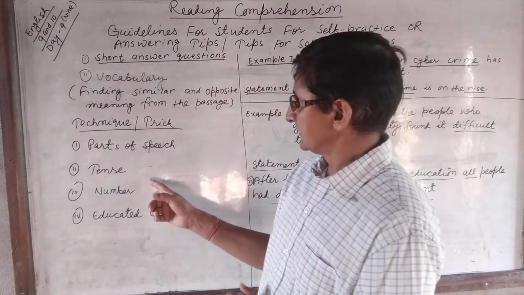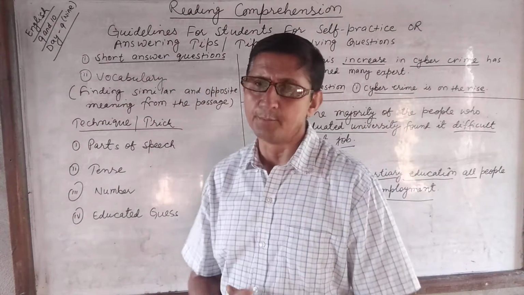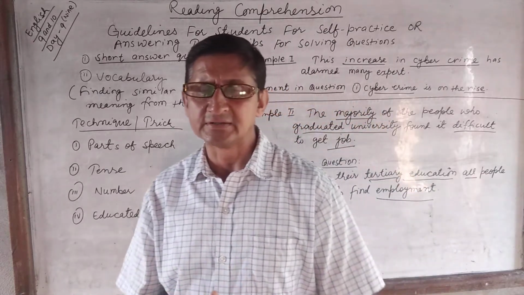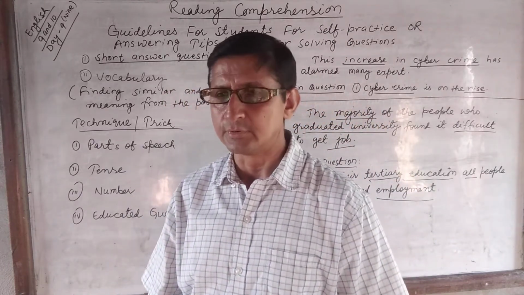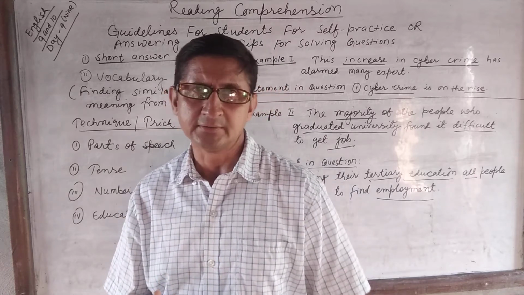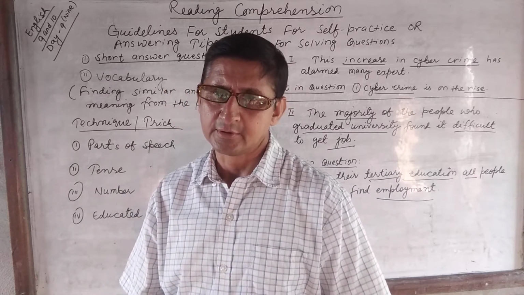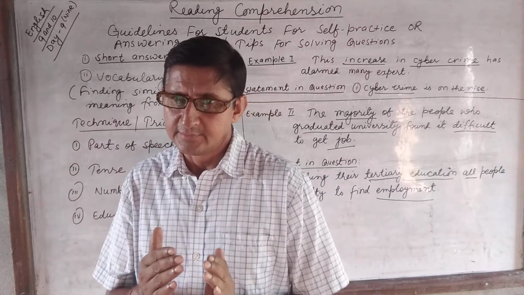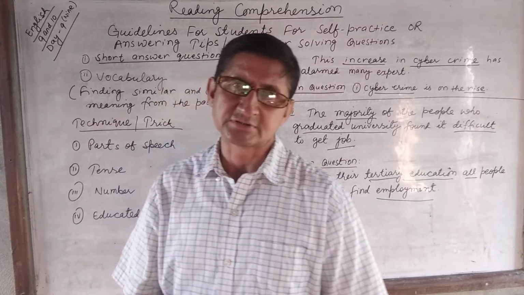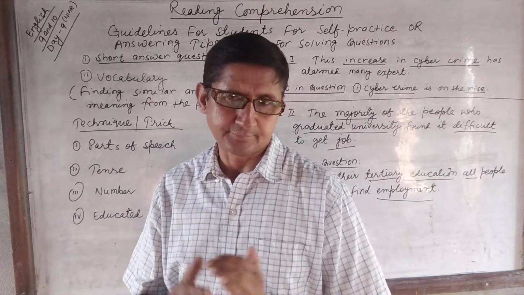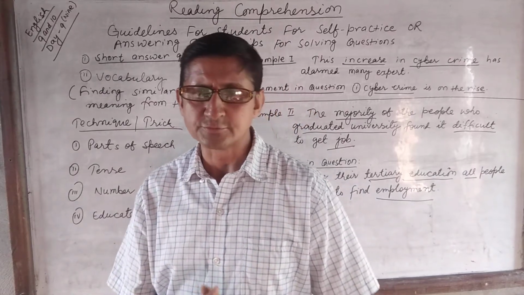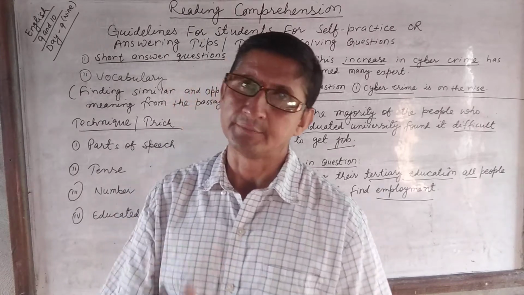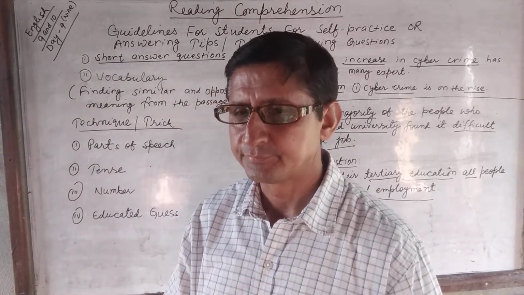And the third trick is number. Number means whether the word is singular or plural. Singular means one, plural means more than one. If the verb is third person singular, that is V5, you have to find out the third person singular verb from the passage.